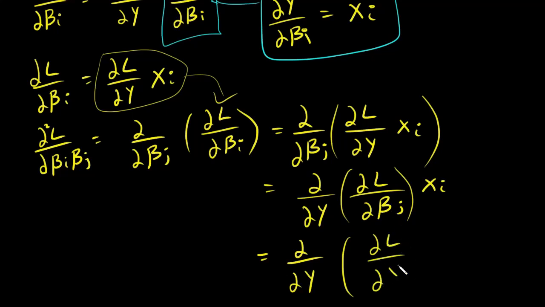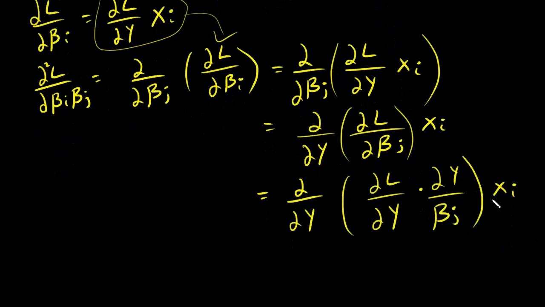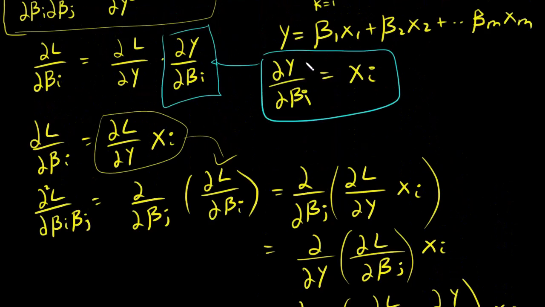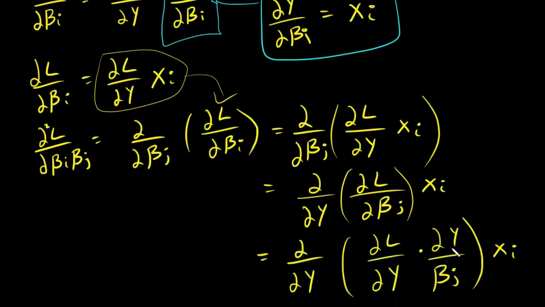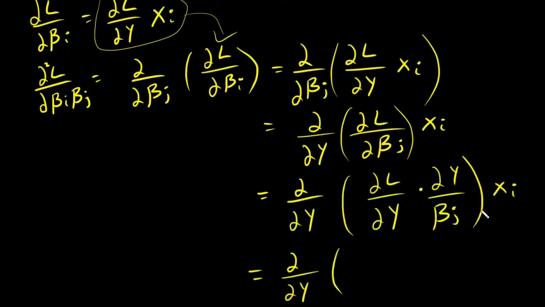Let's see, this would be dy d beta j times xi. Now dy d beta j, similarly to dy d beta i being xi, dy d beta j will be xj.